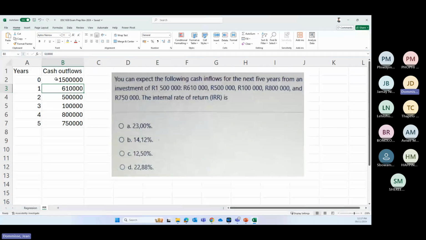If you have an HP, there's the CFj function on your HP calculator, exactly the same: minus 1.5 million CFj, 610 CFj, and so on.